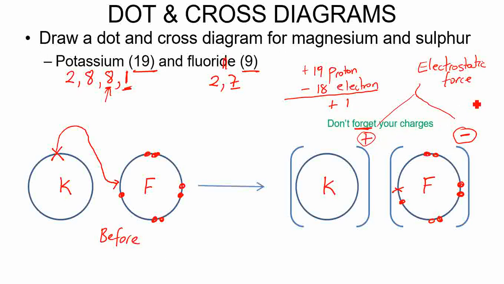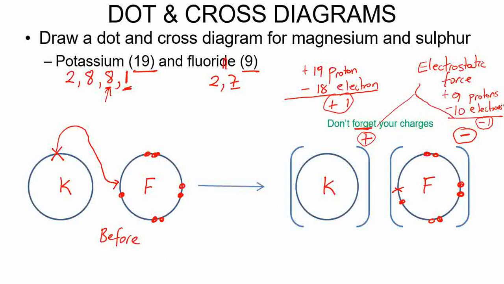In this scenario, fluorine has 9 protons, and it now has gained an electron, therefore it is now 10 electrons, which is why it is now negative. This is positive 9, that's negative 10, which gives it an overall charge of minus 1.